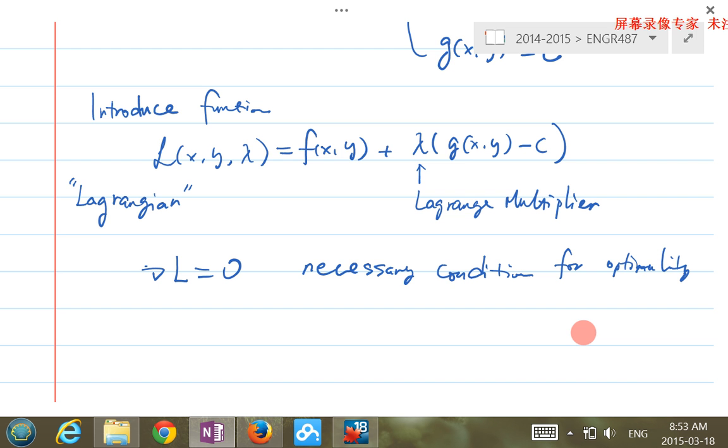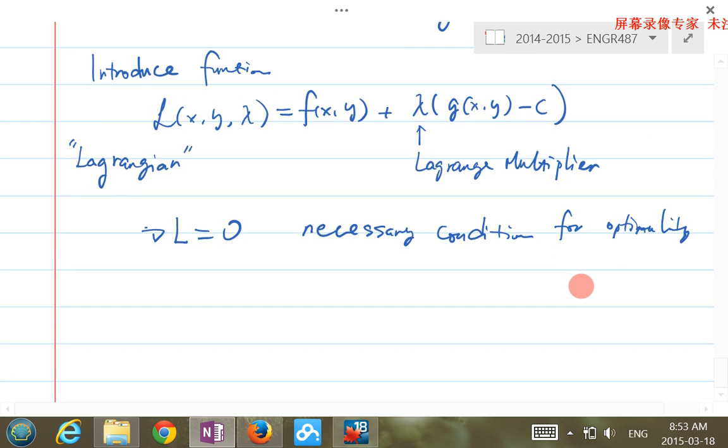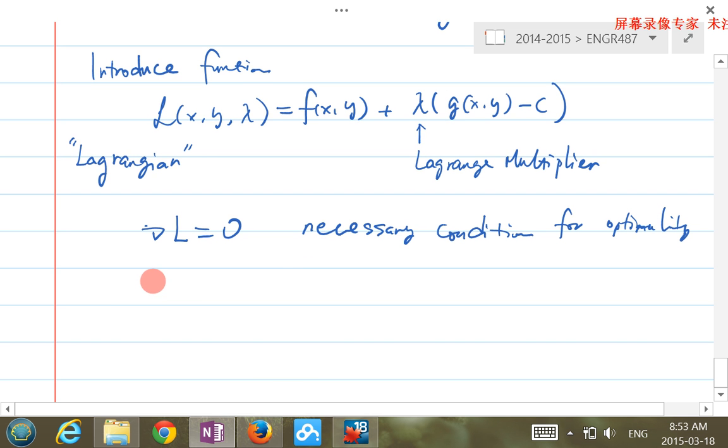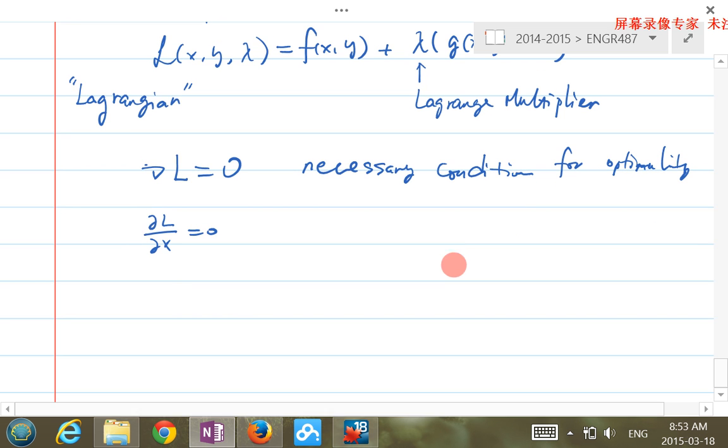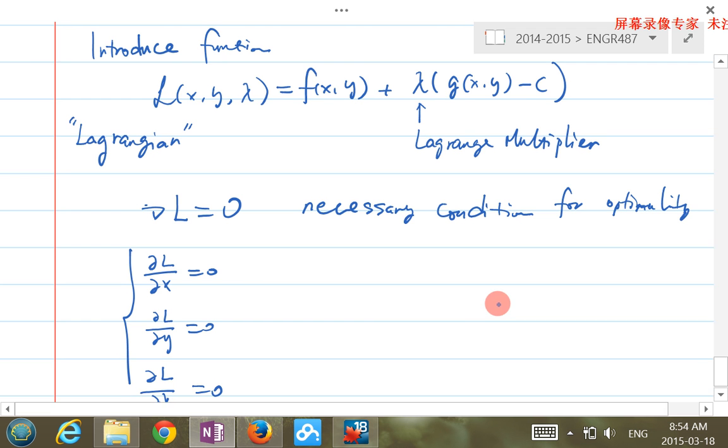So what does del L give us? Del L meaning partial L over partial x equal to 0, partial L over partial y equal to 0, and partial L over partial lambda equal to 0, right? That's del L.